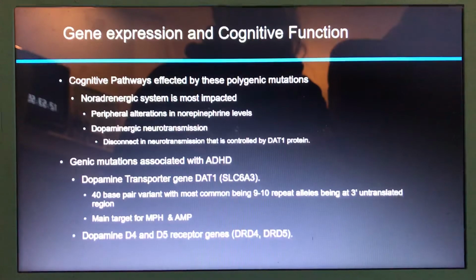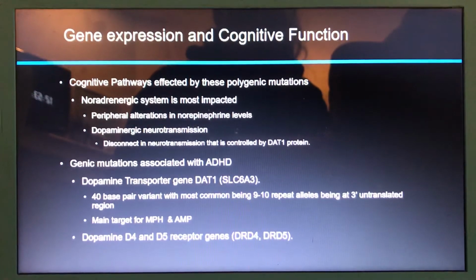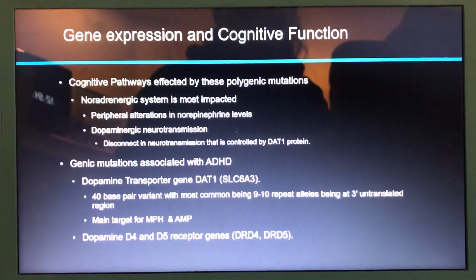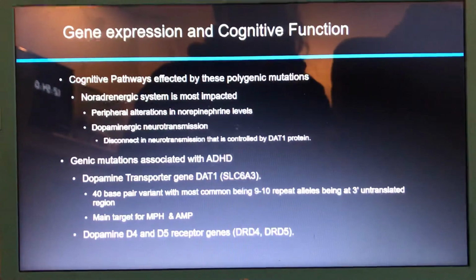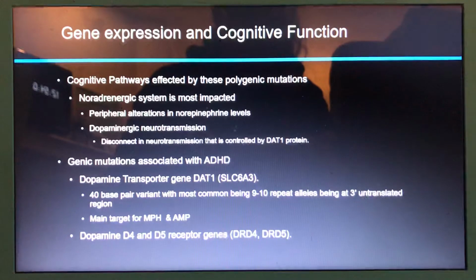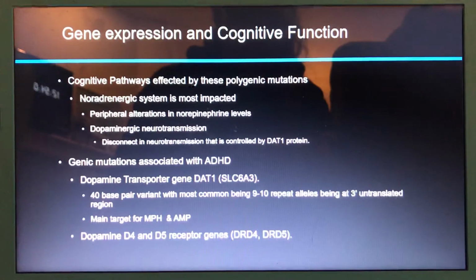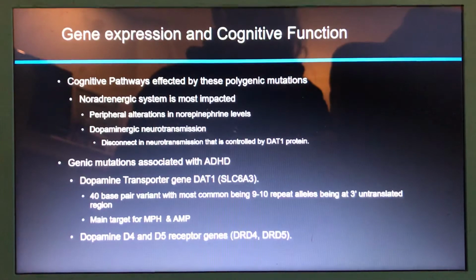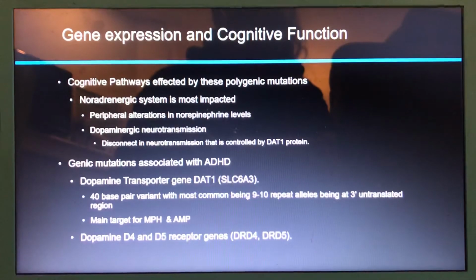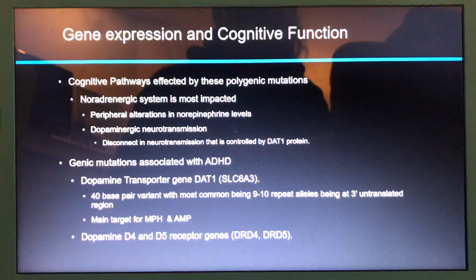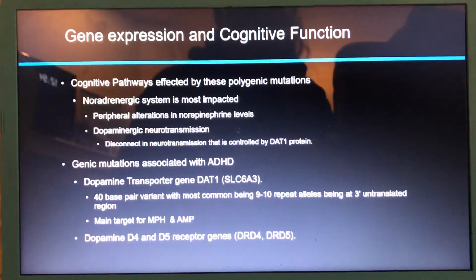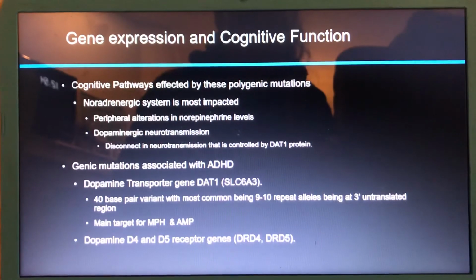When I was looking into gene expression and how that controls cognitive functioning, I found this to be very interesting. The cognitive pathways are affected by these polygenic mutations, which basically means that the complexity of ADHD from an allele perspective is very high, and it's located on multiple different loci.